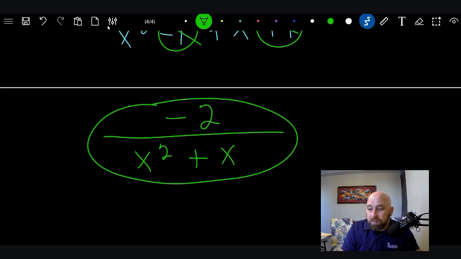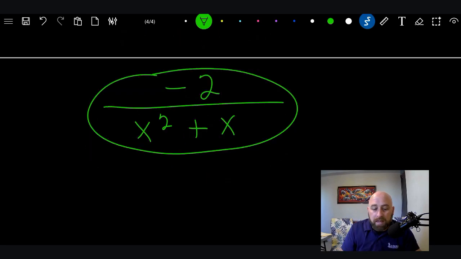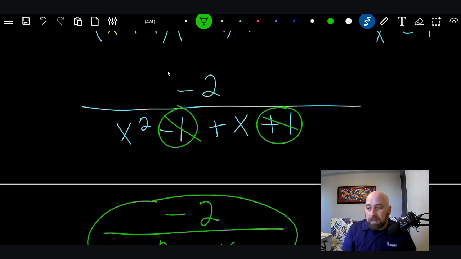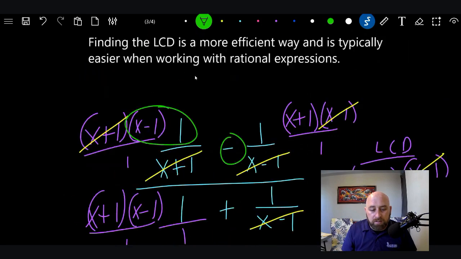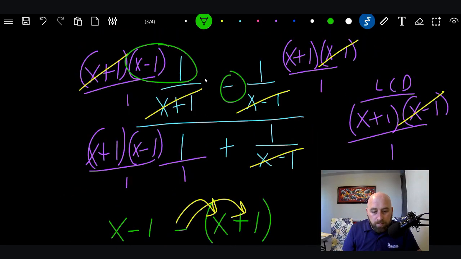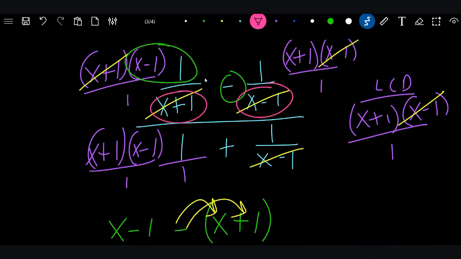But we have to do something. Because we canceled some things out of the bottom, we're going to have to set some things equal to 0. What are some things that we canceled out of the bottom? Well, let's go back to the original problem. There we go. Well, we had x plus 1 and x minus 1 and x plus 1 as denominators.